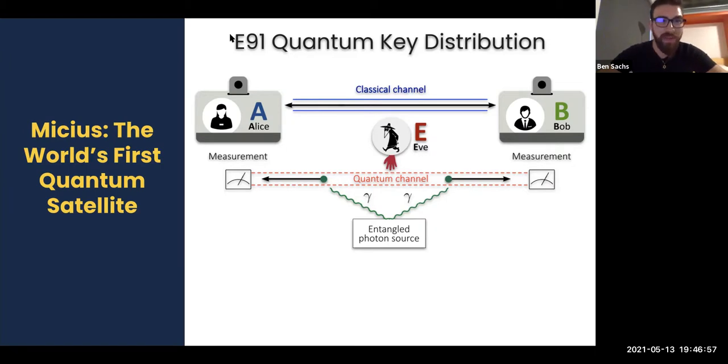You can imagine that would make a lot of the protocols we use for cryptography kind of obsolete.